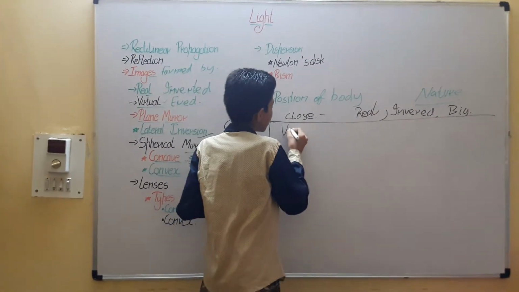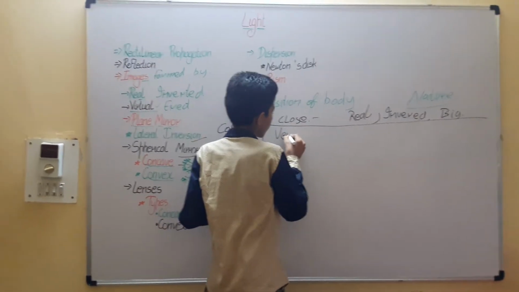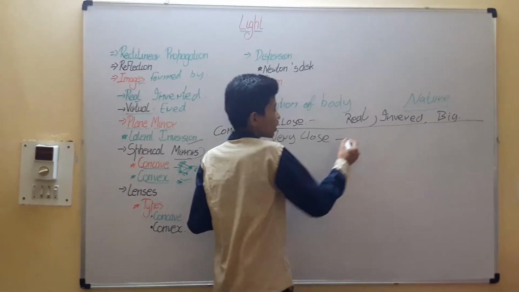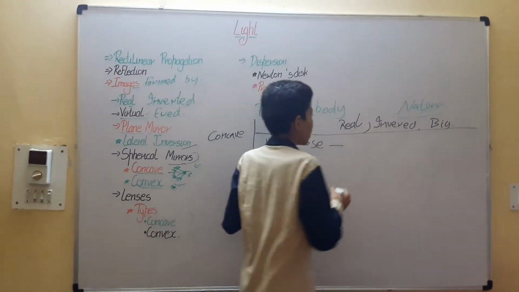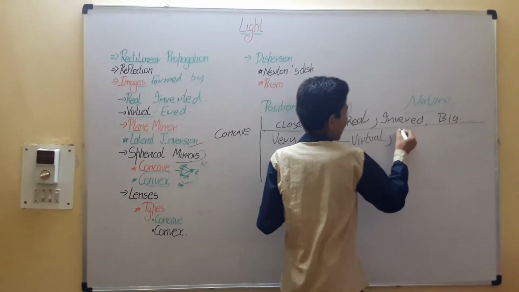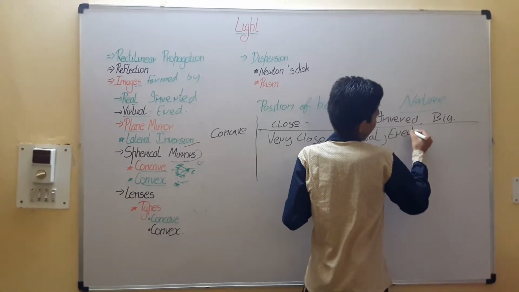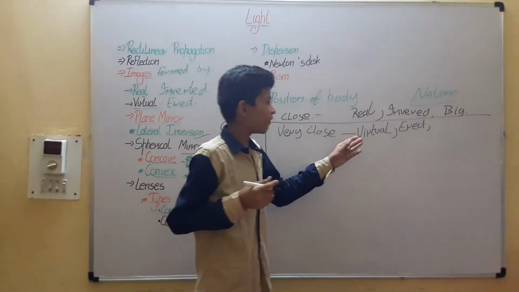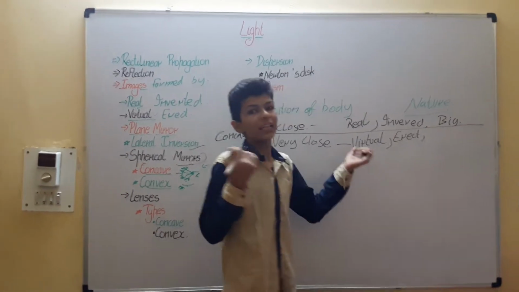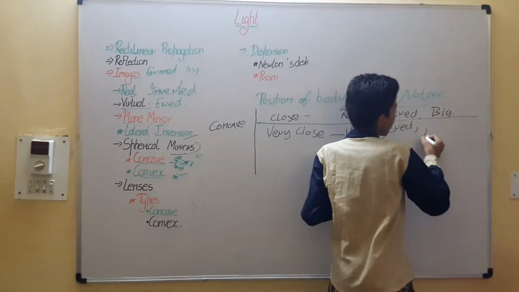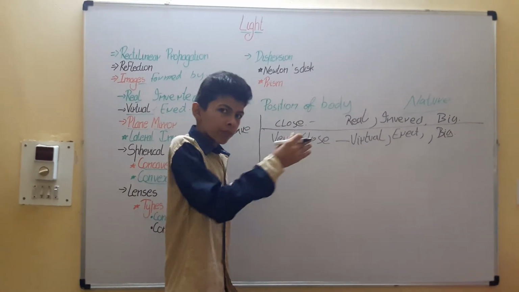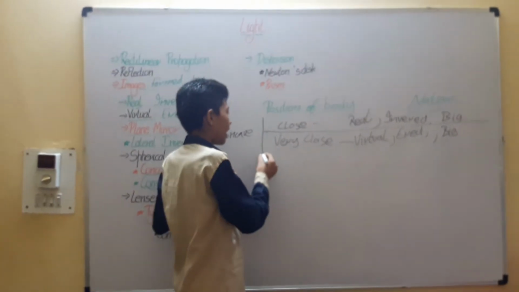Then when the object is very close, the image formed is a virtual and erect image. We know that when the image is virtual, it would also be erect, and it is again magnified, which means it is bigger than the body.